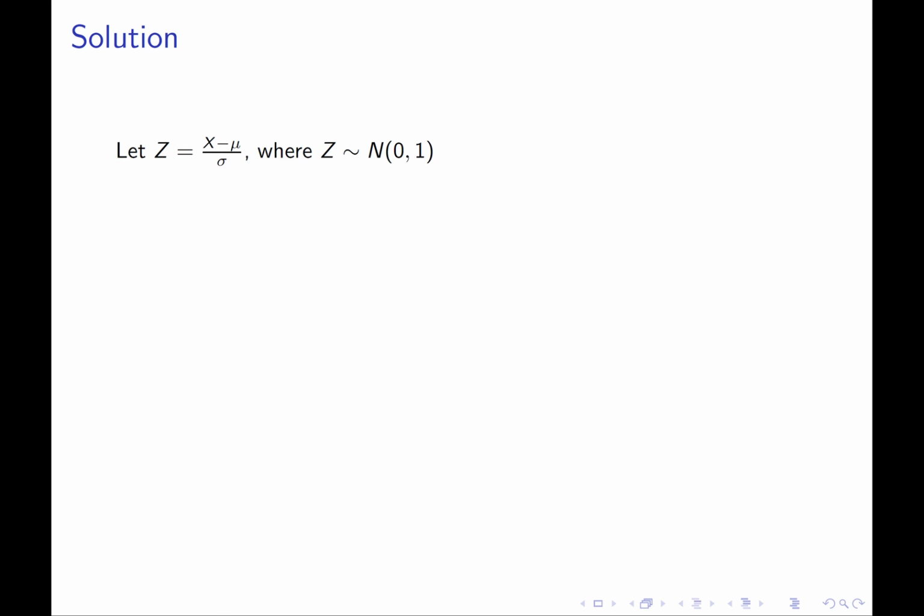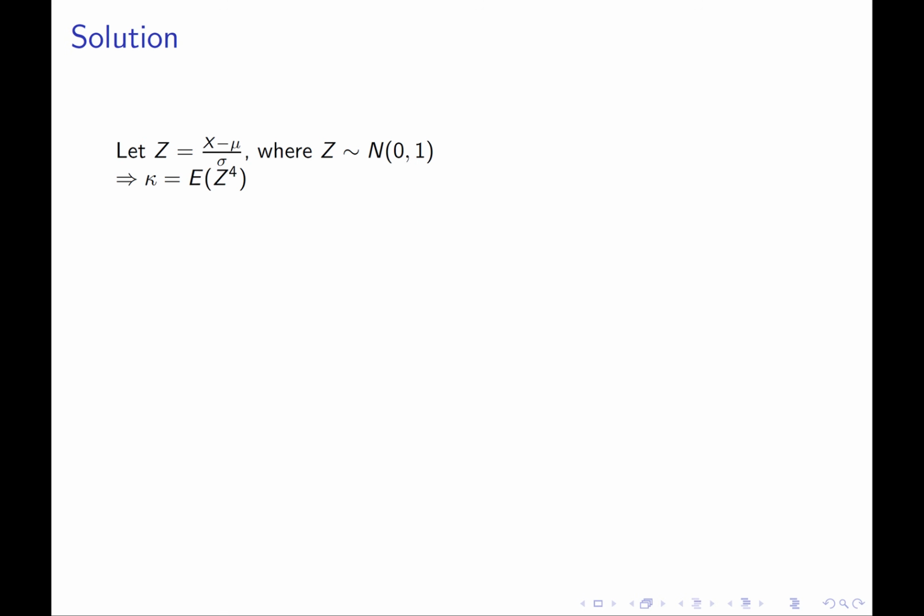So to find the kurtosis, basically, we're figuring out the expectation of ((x minus mu) on sigma) to the 4th. So we're going to start by letting z equal (x minus mu) on sigma, where z becomes normally distributed because x is normally distributed, and we're doing a standard normal transformation, basically.